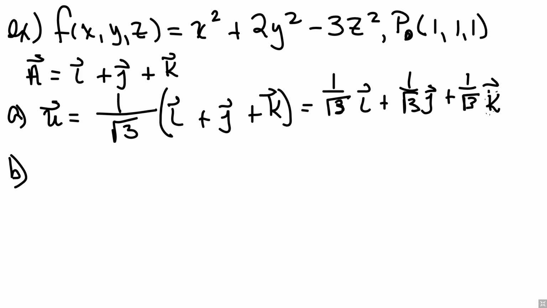All right, so B, we're going to find the gradient of f at p sub 0. So the gradient of f, all right, so we're going to do the partial of f with respect to x, and what will we get for that?